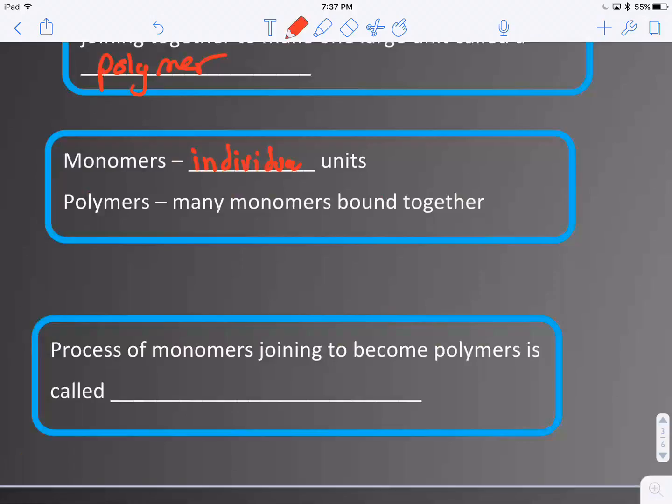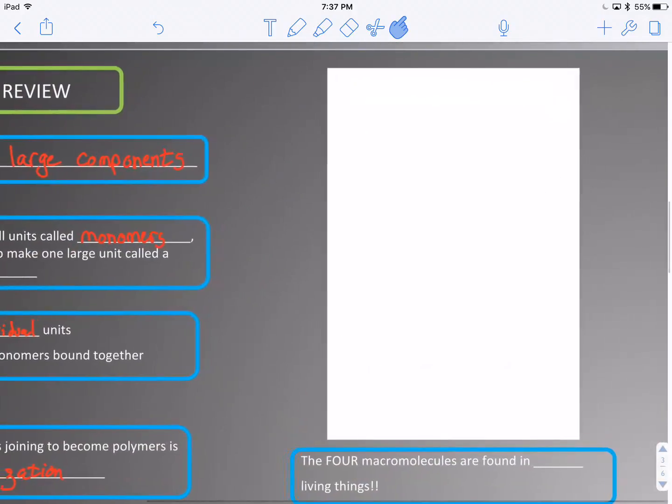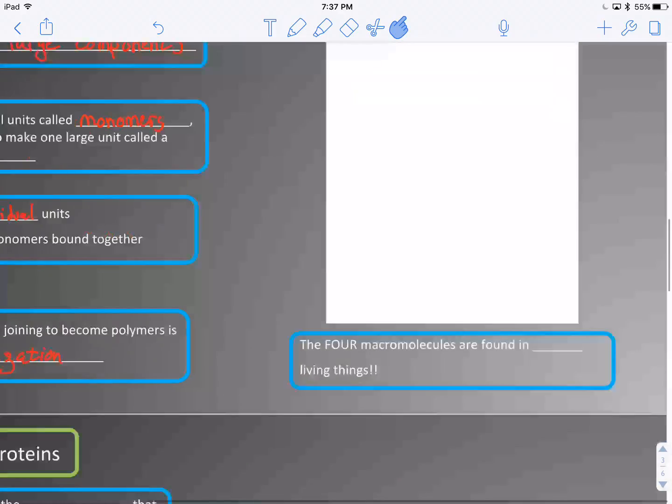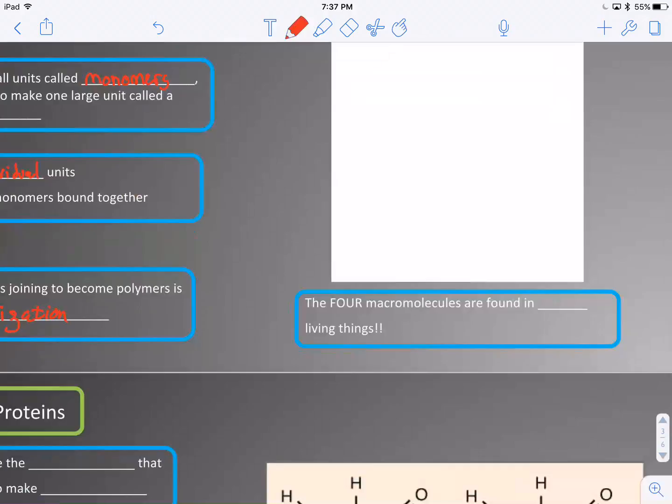We call it polymerization, which should make sense. Again, I don't know why this picture's not here, but it's the same one that you've had in your notes a bunch of times. That shows the monomers becoming the polymers. And again, it's important to remember that the reason we're learning about all four of these macromolecules is that they're found in all living things.